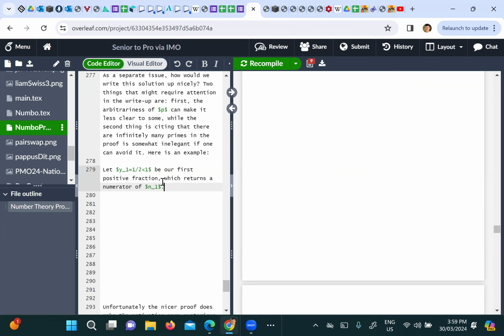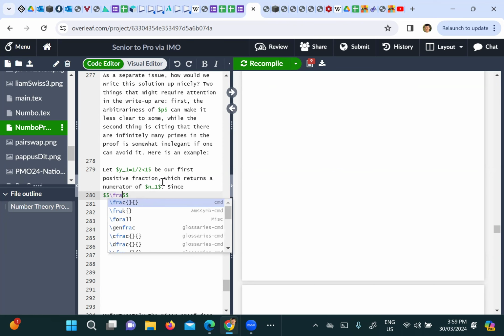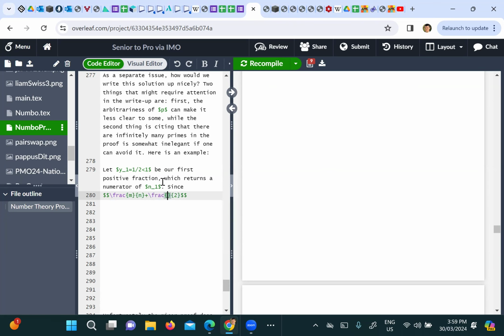Since m on n plus 1 on 2 equals 2m plus n1 on 2n, n1 equals 2m plus n, or n1 equals m plus n on 2. Makes sense so far, yeah?